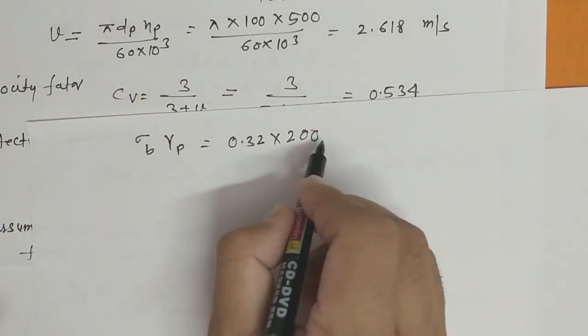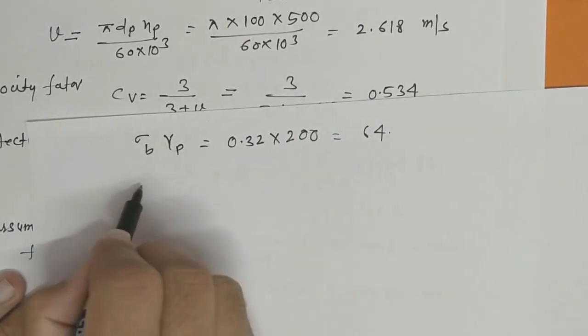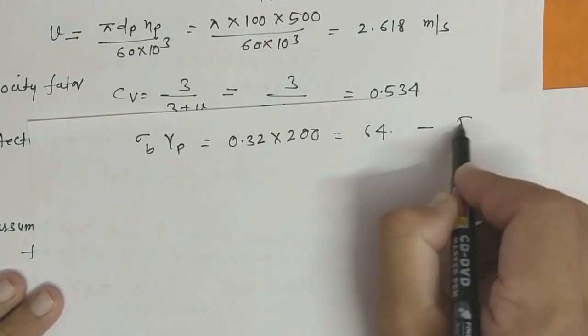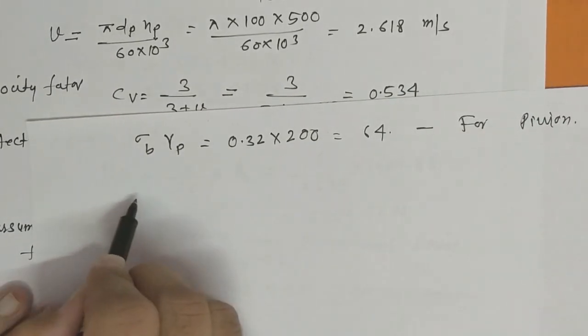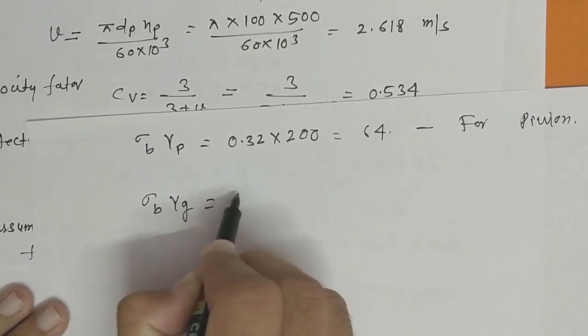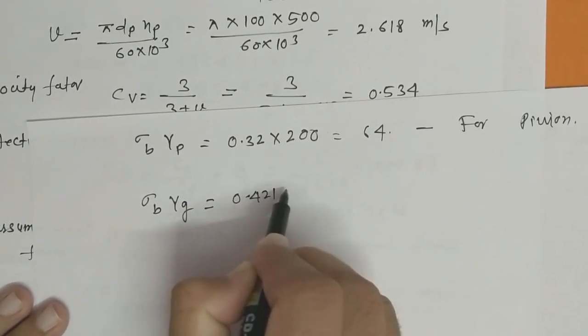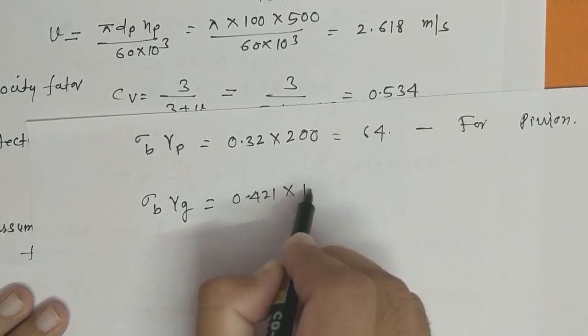So this is 200, and this comes to 64, and this is for pinion. And for gear, sigma b times yg, where yg is 0.421 and sigma b is 300 divided by 3, which is 100.